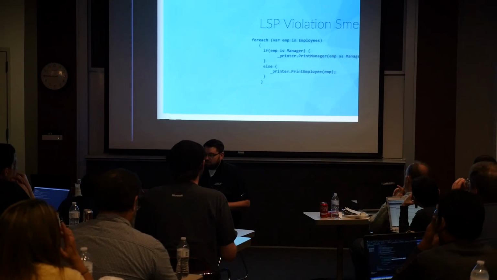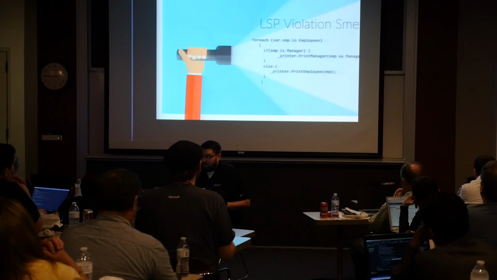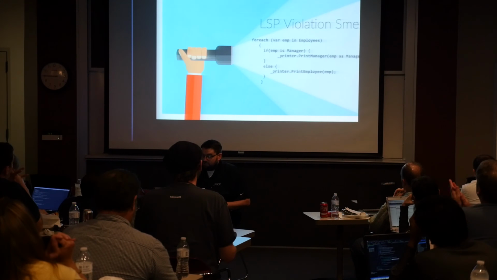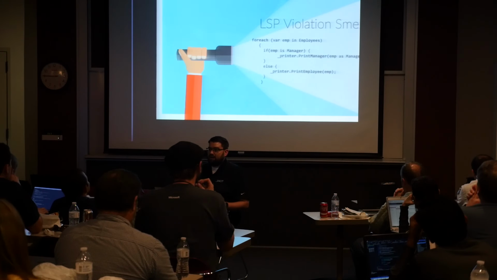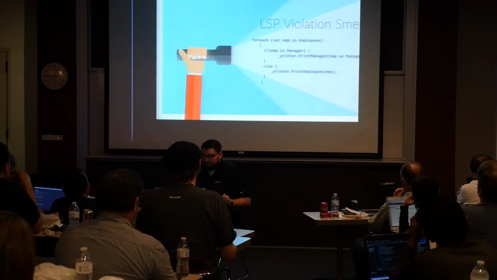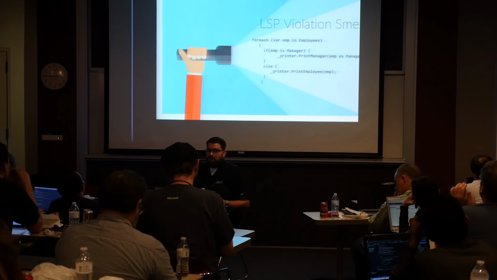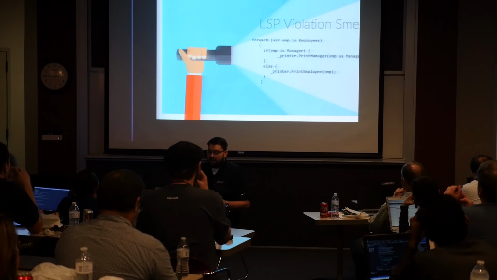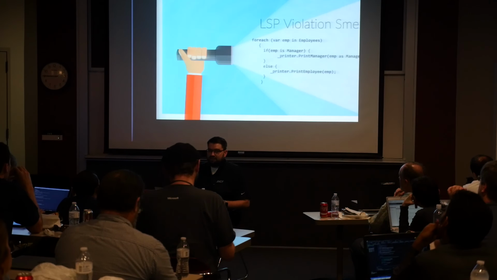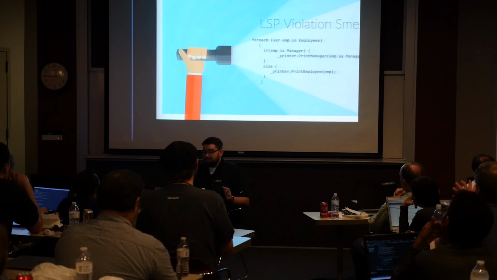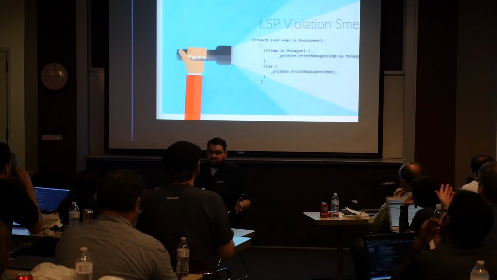Some of those smells that you'll probably see a lot involve our tried and true friend, the employee class. We're going to pick on him today. We can see that we're doing an is check. Almost every time you're checking whether an object is a type of another object, you are probably violating Liskov substitution. That's not to say that there aren't good reasons to do this type of check.